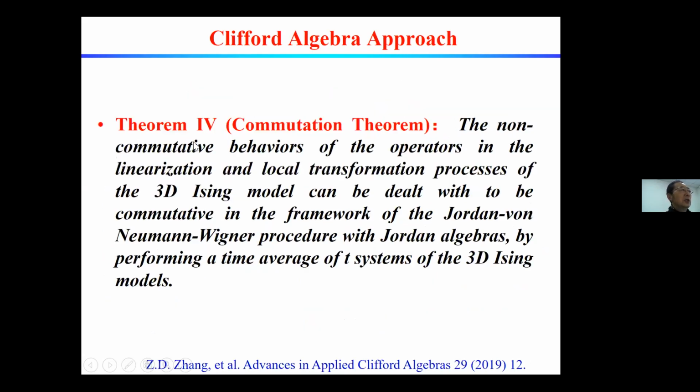The fourth series is the commutative series. The non-commutative behavior of the operators in the linearization and the local transformation process of the 3D Ising model can be dealt with to be commutative in the framework of the Jordan-von Neumann-Wigner procedure with Jordan algebra by performing a time average of the system of the 3D Ising model.